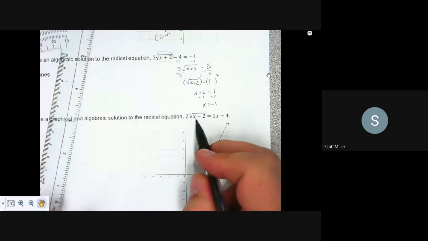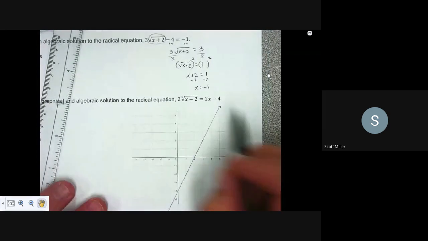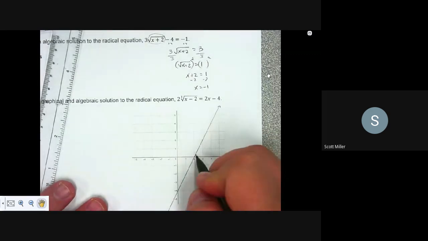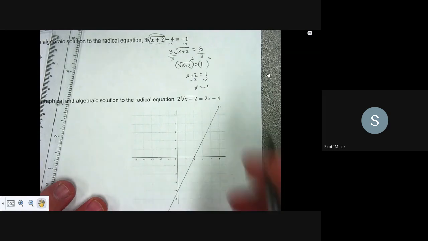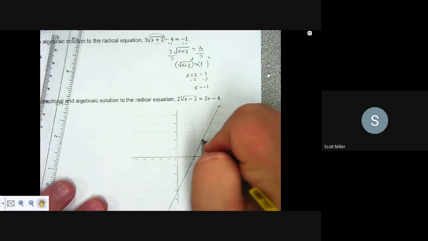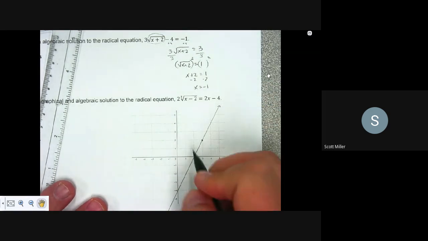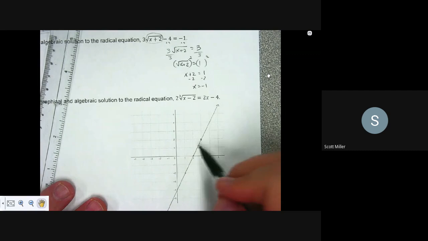Okay, so there's that line. And then we need to graph the radical over here. The number that makes that 0 is 2, so I have a dot here at 2 and 0. I have another dot at 3 and 2, and another dot down here at 1 and -2. And the rest of the dots are going to be off our screen.